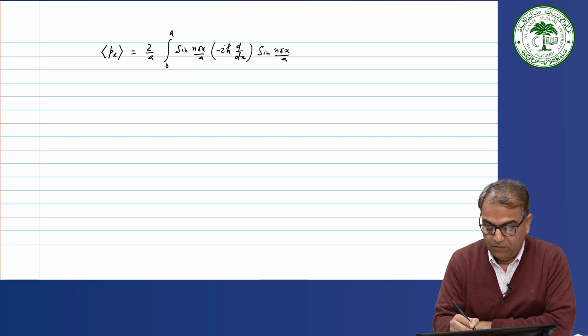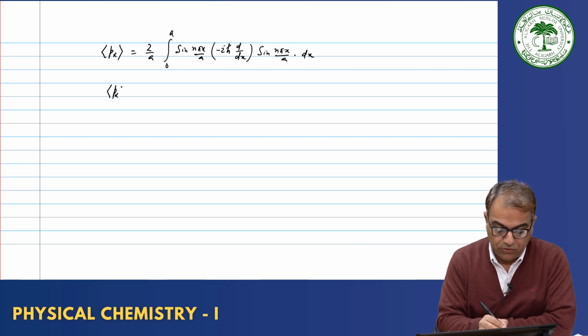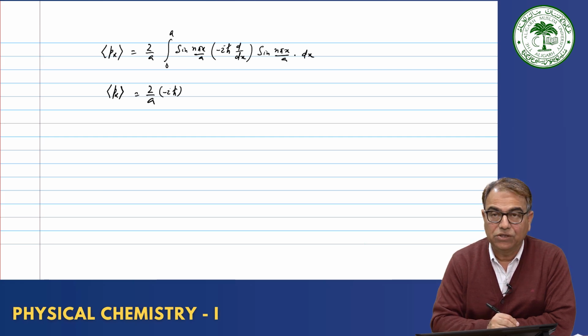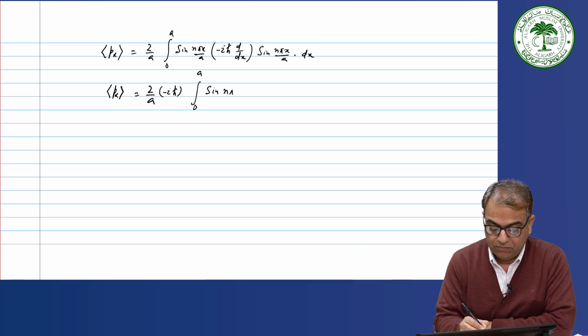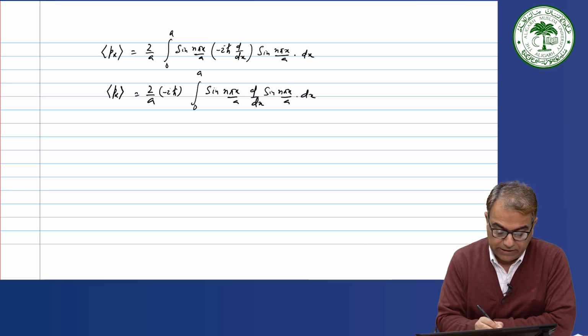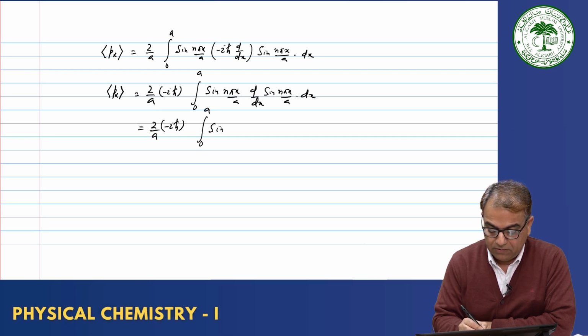So px will be equal to 2 divided by a, h cross you can bring outside, and d/dx of sin n pi x upon a, and so you can write sin n pi x upon a cos n pi x upon a into dx.